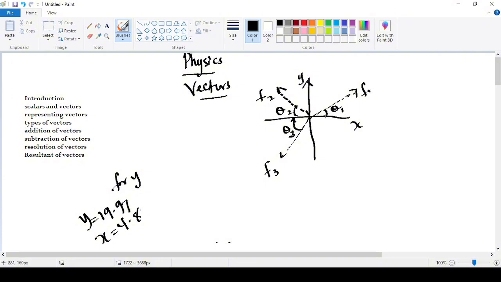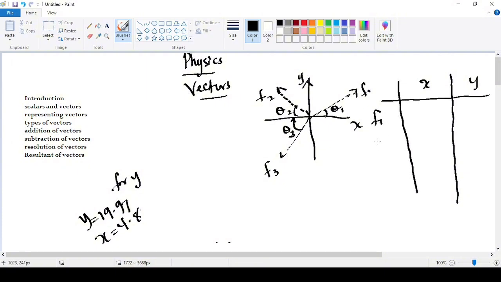Now to resolve this, we resolve to x and y components. Every single force has to resolve to x and y. So let's call this x, let's call this y.